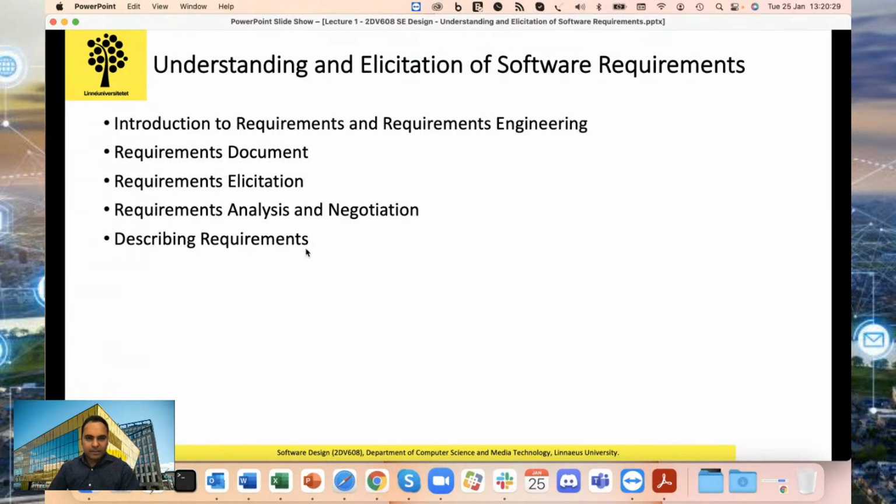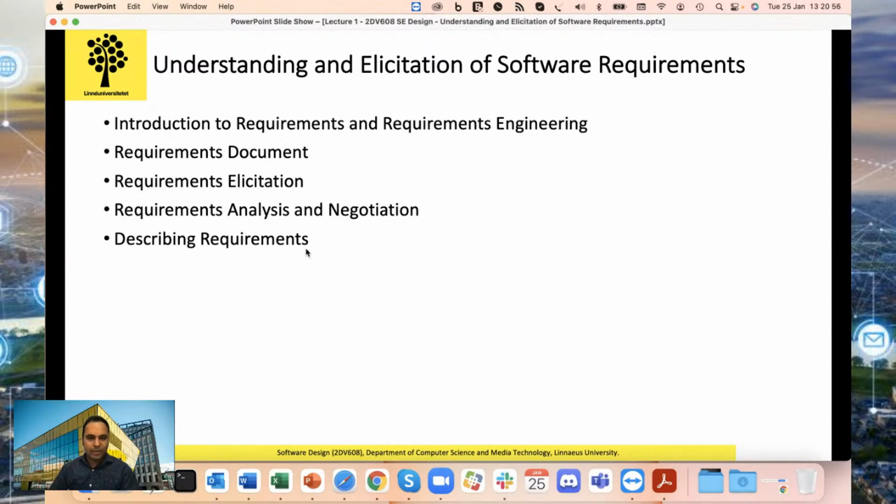In this lecture, we will cover several basic and some theoretical parts on requirements and requirements engineering. Firstly, we will talk about what we mean by requirements and requirements engineering. Then one of the most critical parts in requirements engineering is the requirements document.